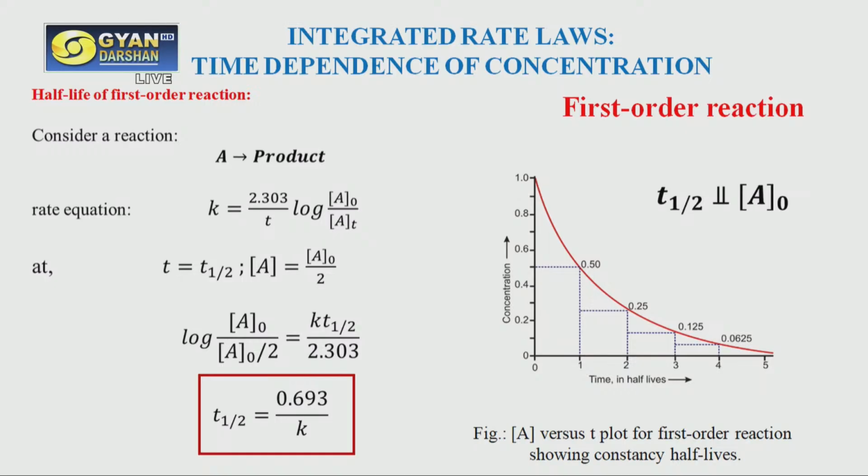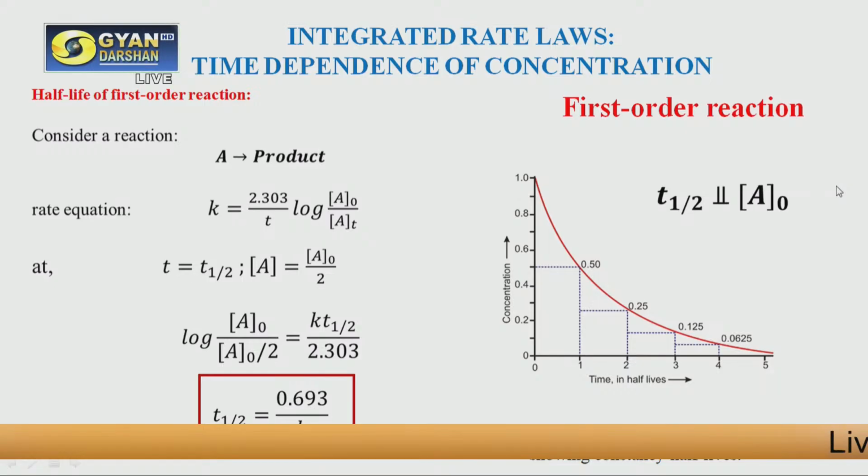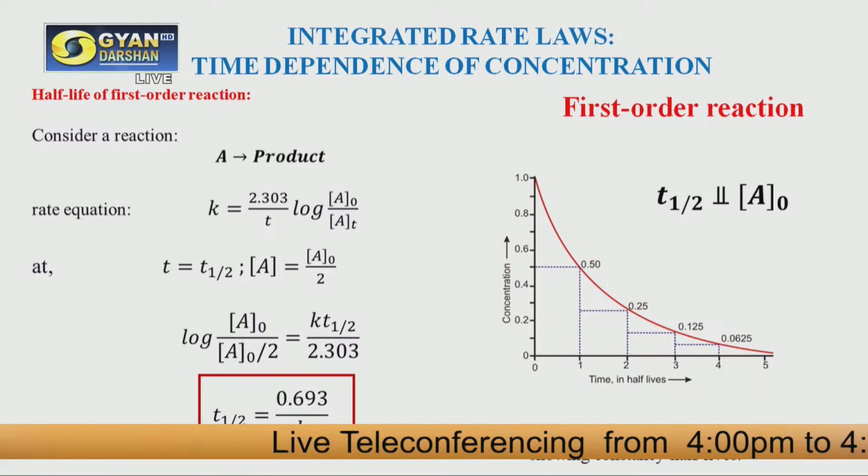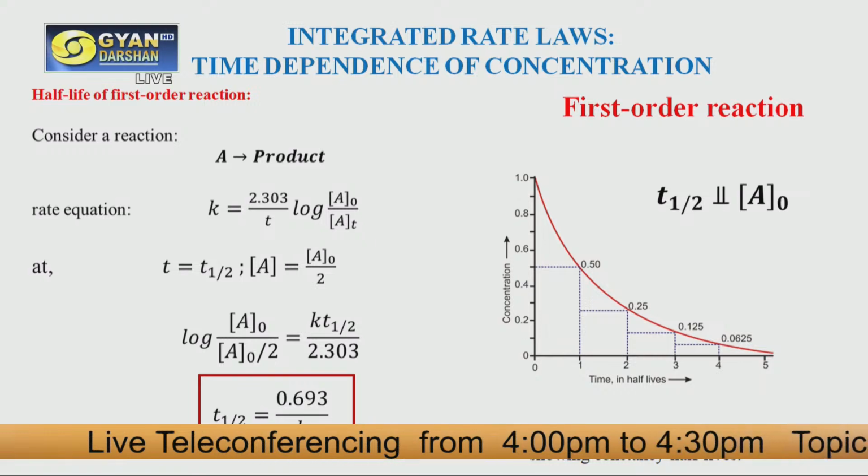Here you can directly see that t half, the half-life, is independent of the initial concentration of the reactant. Meaning the half-life for a reaction which falls in the first order is independent of the initial concentration of the reactant.